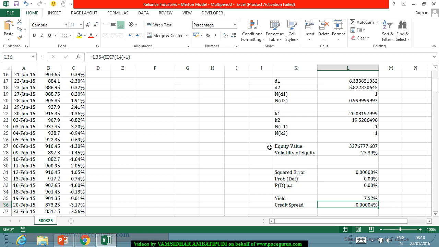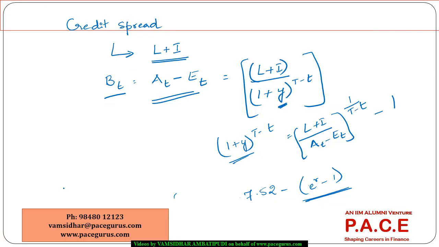But in the real world, what is observed is that the spreads produced by the Merton model are very, very low, right? 0.00004%. So generally they are very much lower than the spreads that are observed in the market.